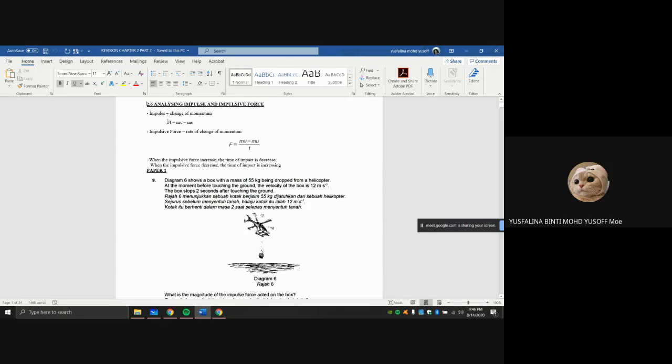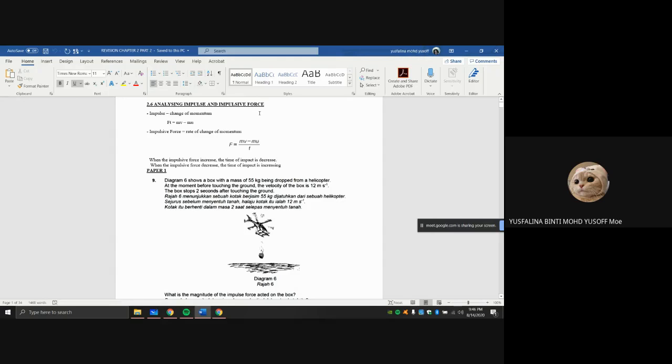So let's say they give you force and time, so you use this one. If they give you the initial and final velocity and also mass, you use this one. So it depends on the question, or sometimes you can use both. See which information the question gives you.